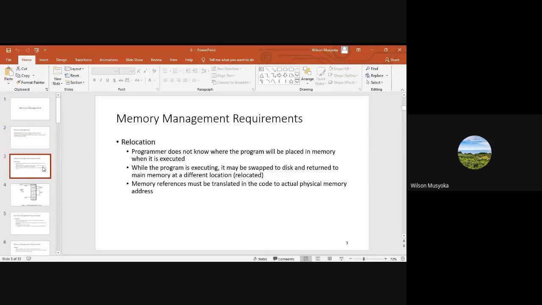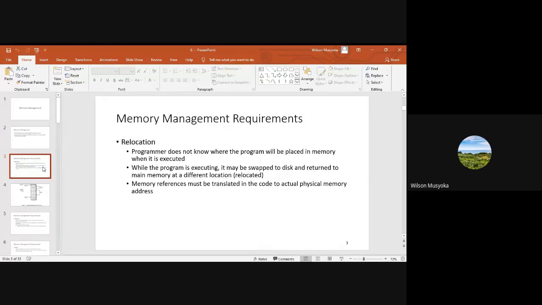Another reason is because the programmer or the user doesn't need to know where this program is located in memory. The operating system will take over that functionality so that the programmer is not involved in where the program is going to be located or where the process is executing from.